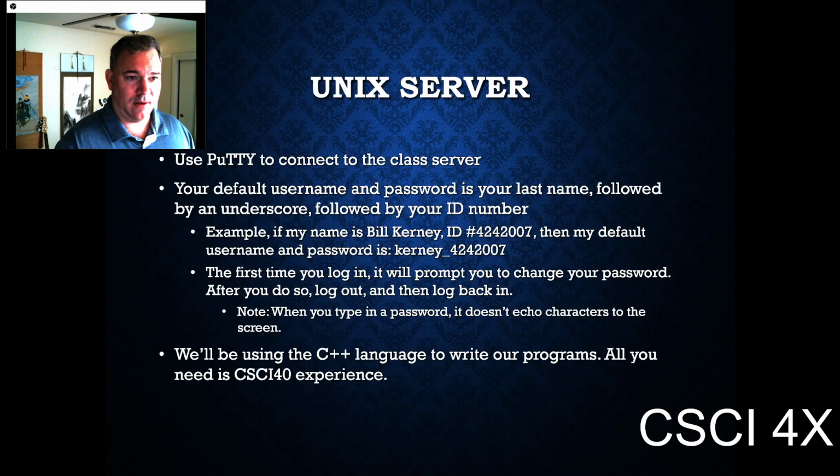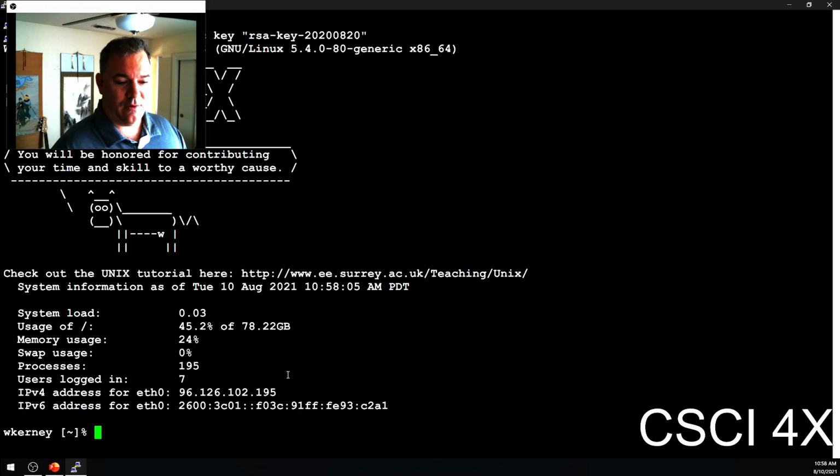If you're on a Mac, use the built-in terminal. You can open up the terminal and you can connect to the server like this: ssh wkearney, that's my username. Your username is going to be your last name, like Leong_ and your student ID, 123456, at csci4x.com, and replace this with whatever your student ID is.